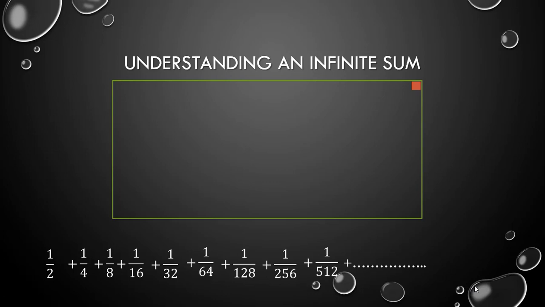So this is what an infinite geometric series means. At the first bite you have eaten half, then 1 by 4, then 1 by 8, then 1 by 16, then 1 by 32, then 1 by 64, then 1 by 128, then 1 by 256, then 1 by 512, and so on.